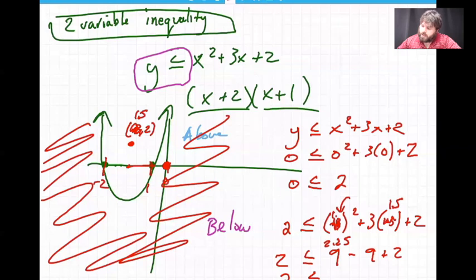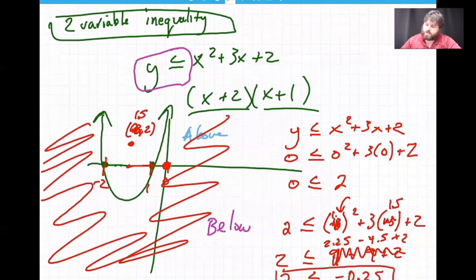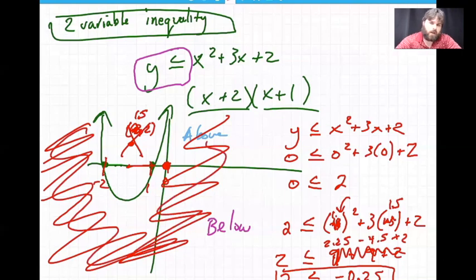That's going to be minus 1.5 plus 2. So we get 0.25 minus 1.5 plus 2, that's 0.75. So no, 2 is not less than 0.75, which means that is in the bad region. So do not shade towards that region. Shade away from that region, reinforcing why it's everything below there.